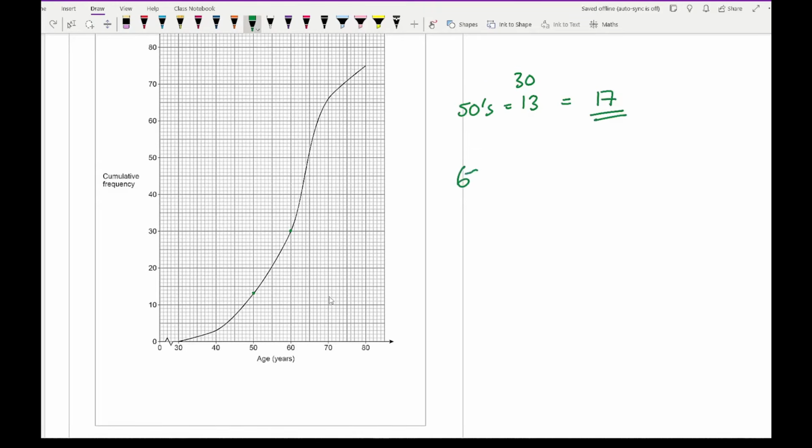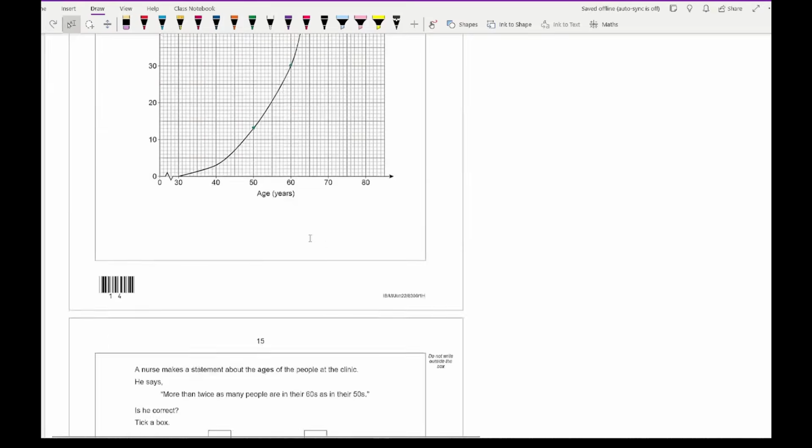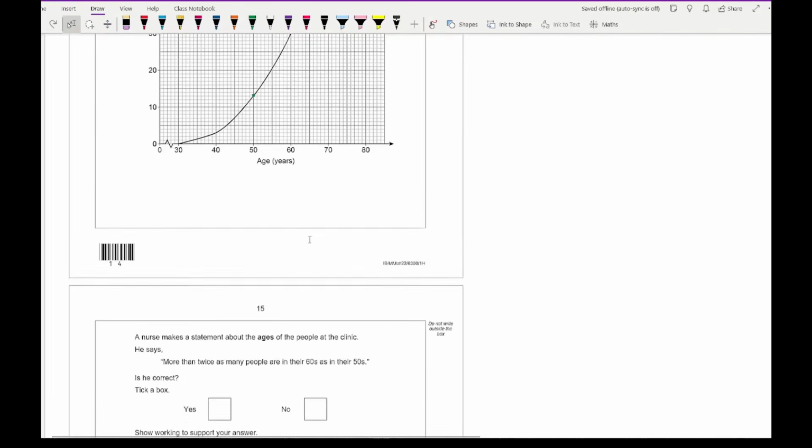And then people in their 60s, well, from less than 70 is 66. And I take that away from 30 and I get 36. So going back to the statement, there's twice as many people in their 60s as there are 50s. Yeah, I would say that's true.